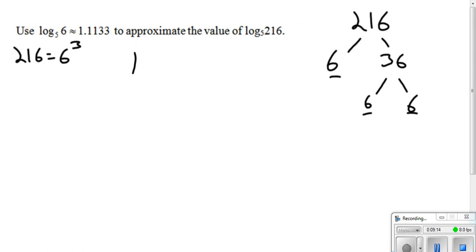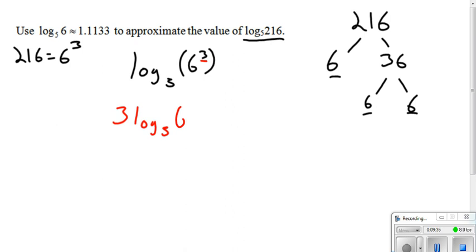So we can say log base 5 of 6 to the third power is the same as log base 5 of 216. So once we're here, we would then say that this is the same as saying, move that 3 out to the front, 3 times log base 5 of 6.